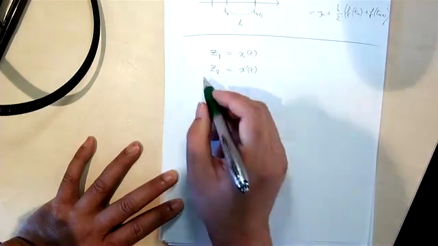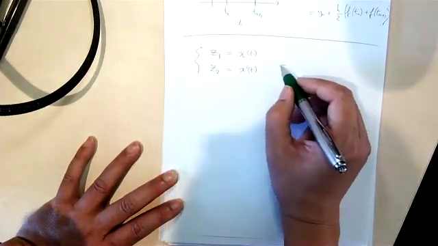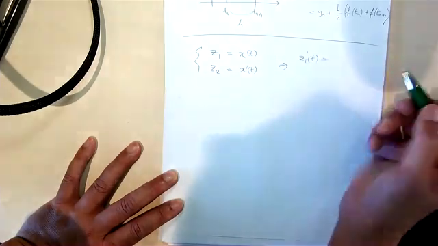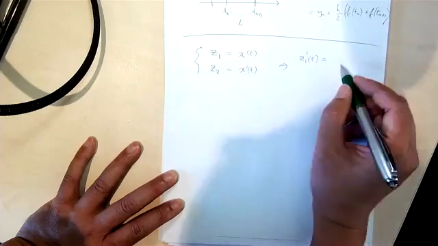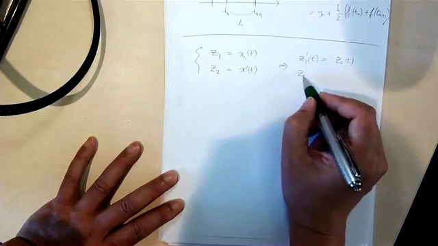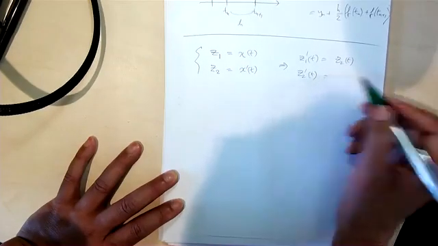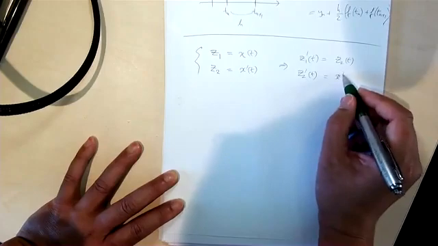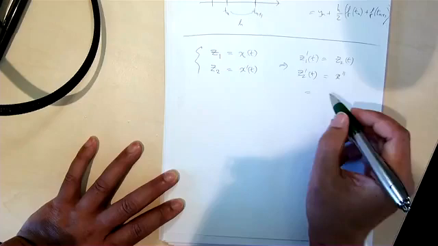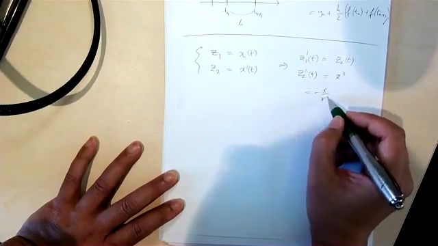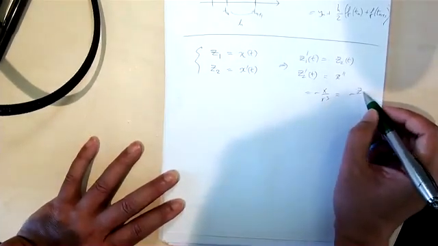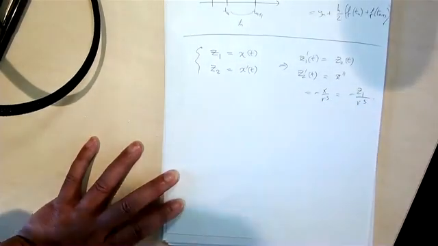Then what is z1 prime? z1 prime equals x prime, so it equals z2. And then what is z2 prime? z2 prime equals x double prime, which by this equation is minus x over r cubed, so minus z1 over r cubed.